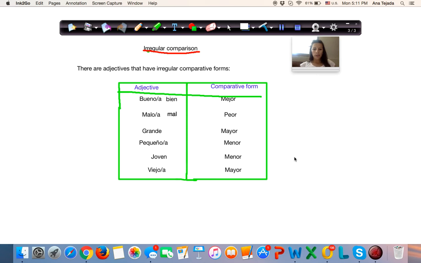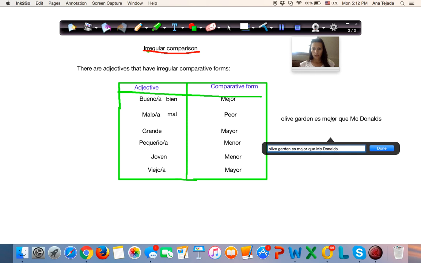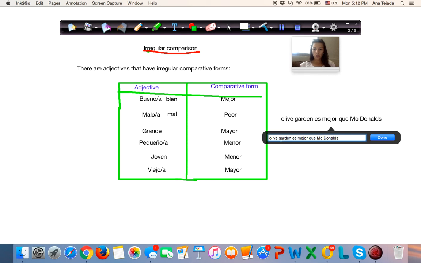For example, I don't know, Olive Garden es mejor que McDonald's. And we have here.